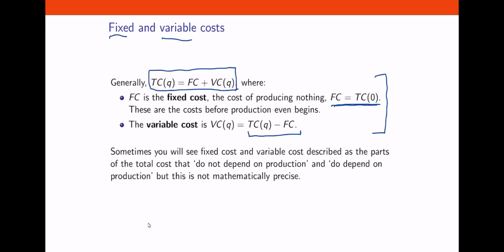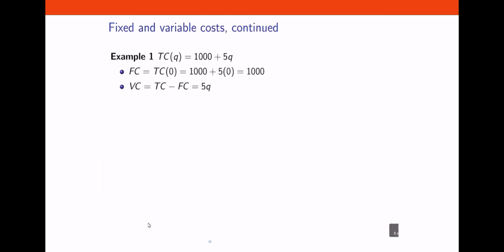Let's go back and look at the examples we had. In this first example, example 1, you can see that the fixed cost is indeed 1,000 because by definition, it's the number we obtain when we put Q equals 0 into the total cost function, and that's 1,000. And the variable cost, by its definition, is TC minus 1,000, which is 5Q.